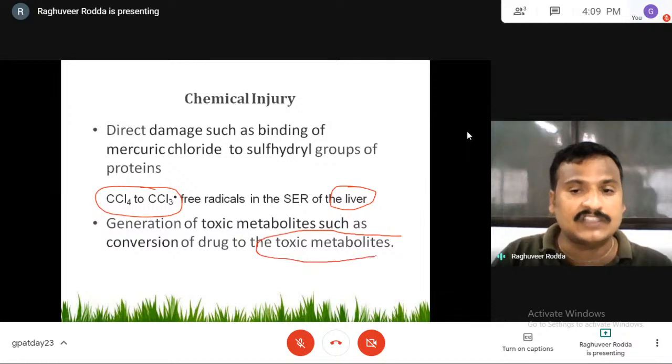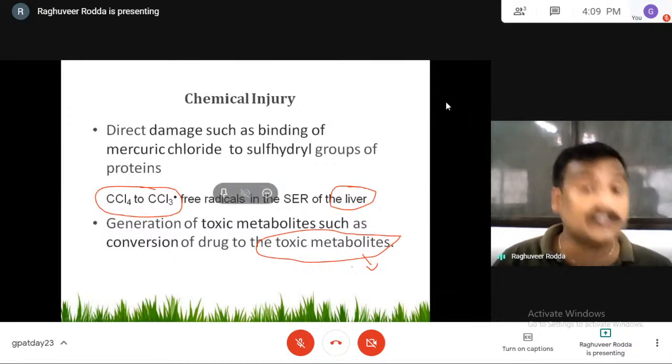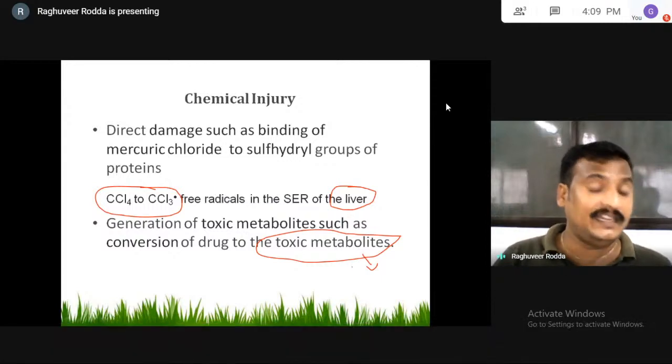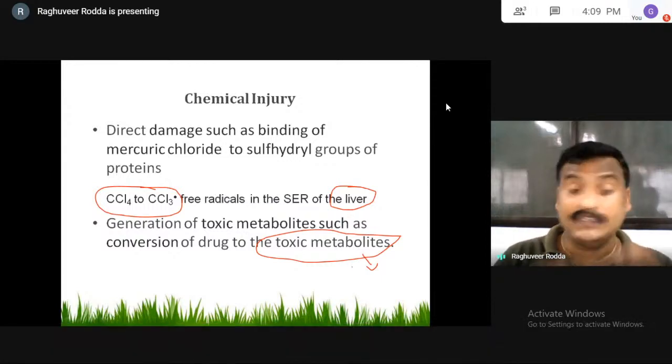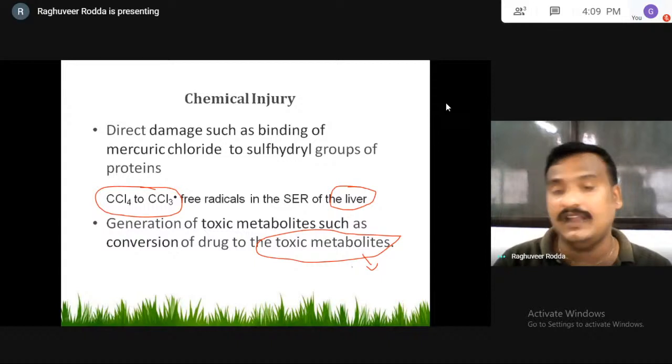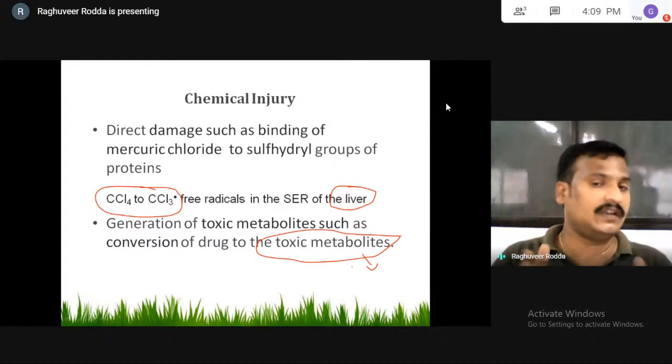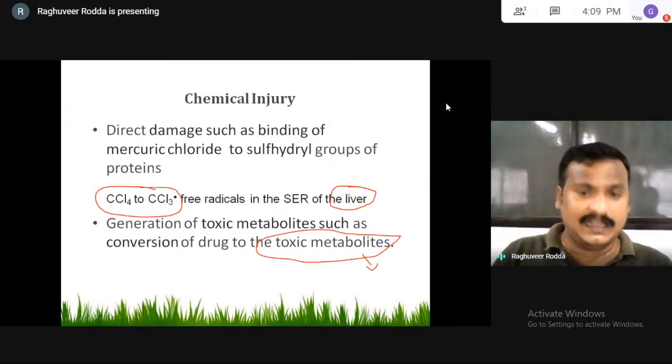It is a toxic metabolite of your drug substance, and if this toxic metabolite is a heavy, water insoluble molecule with high molecular weight, especially lipid soluble in nature, then it will be deposited in various organs, and this toxic metabolite produced by the drug substances will cause liver injury.